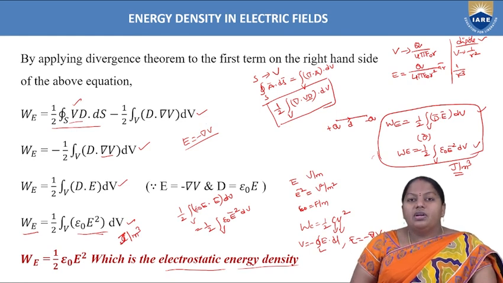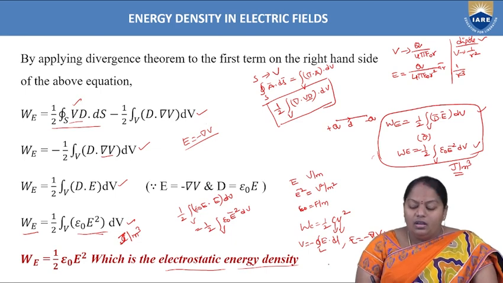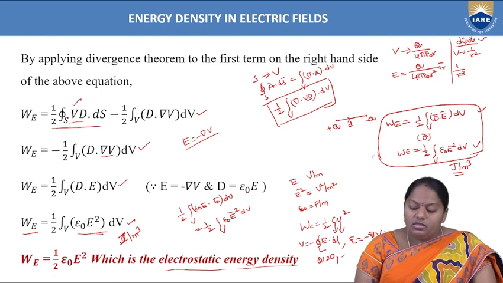Initially we considered the first case, where the shaded region is a charge-free region, hence charge q equal to 0. If charge q is 0, then volume charge density rho v is 0, then flux density D is 0, and then E is 0.